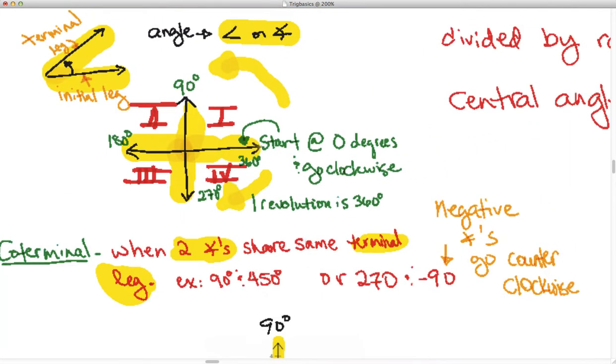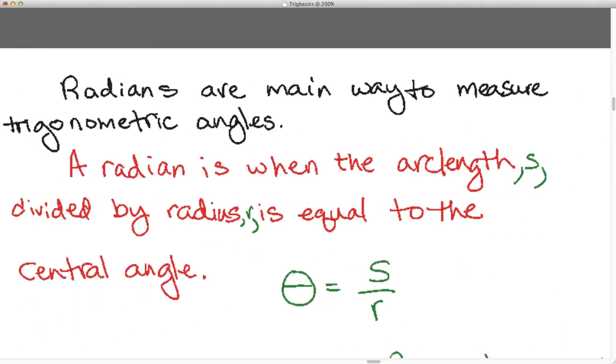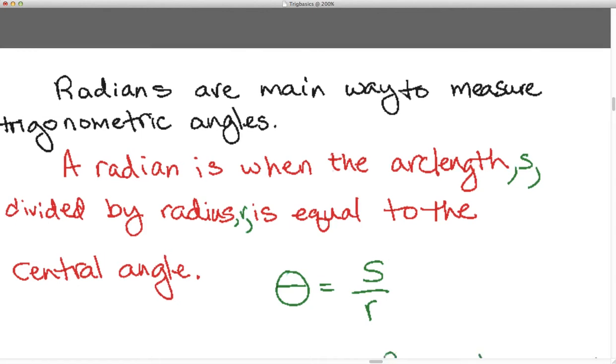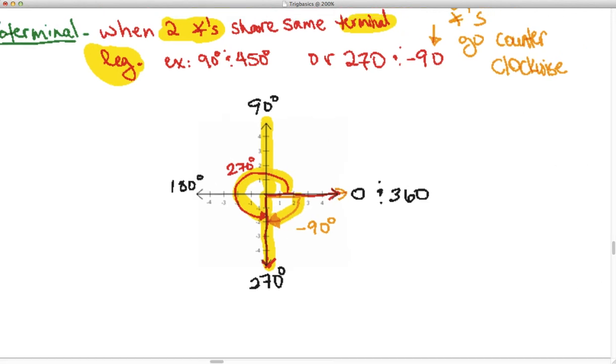Now, degrees is not the way we typically measure angles. Radian is more convenient, and basically what we're dealing with here is whenever we have a central angle, an angle that starts in the origin. Okay, so we have some angle that starts here, and this is 0 point, and you go, let's say, 60 degrees in that direction.